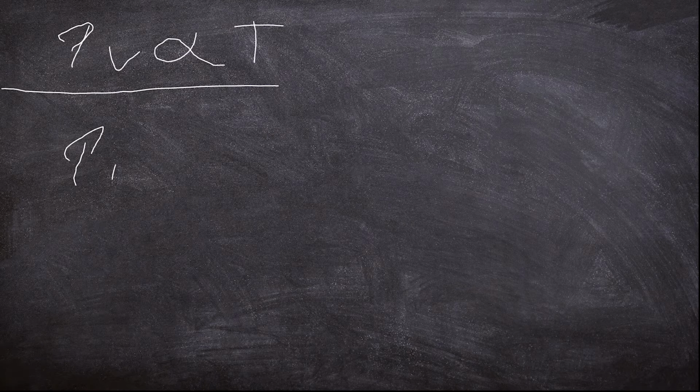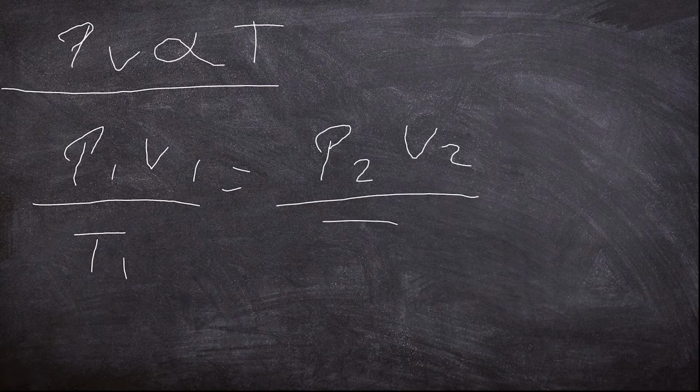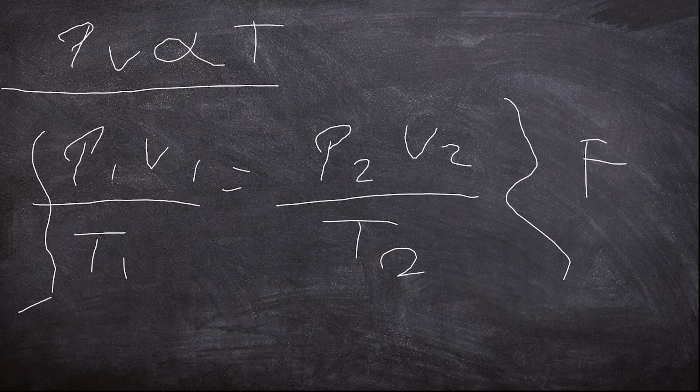Combining these three equations under gas laws, pressure, volume, and temperature, we get PV over T equals a constant, which can be written as P1 V1 over T1 equals P2 V2 over T2. So this is the final one, and this is the initial one.